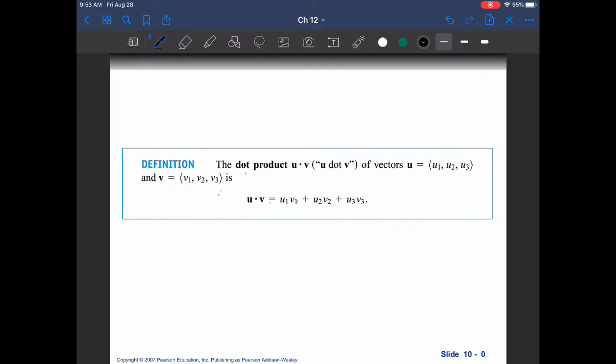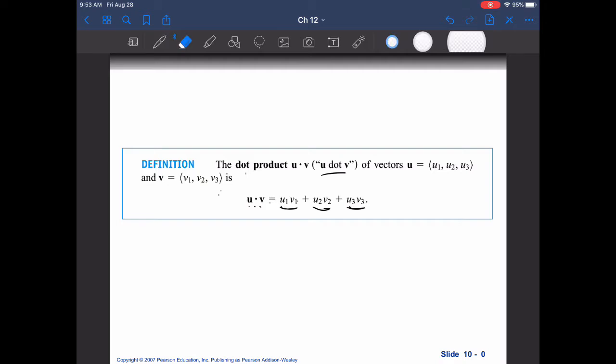Okay, so if we look here, we actually get how we calculate the dot product. You'll notice that we say u dot v. The way to do it is to simply multiply the like components. So the i components, or the x components, multiplied together, plus the j components, or the y components, multiplied together, plus the k components, or the z components, whichever you want to call them, multiplied together.